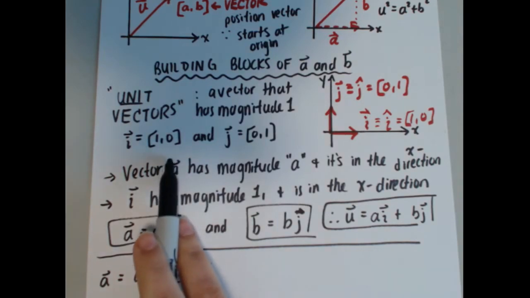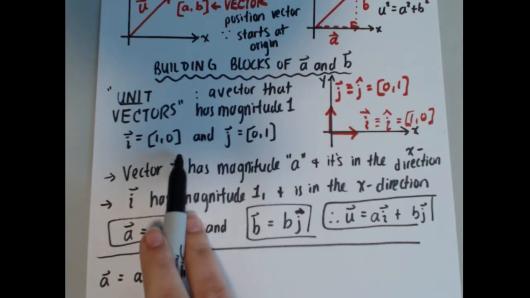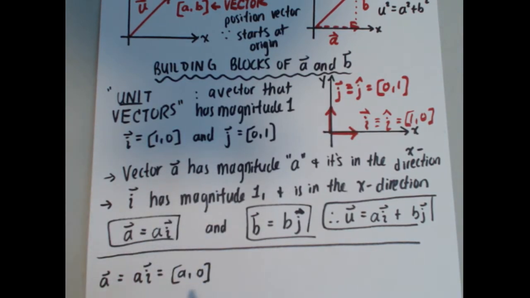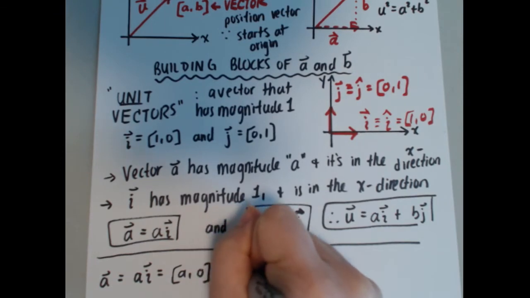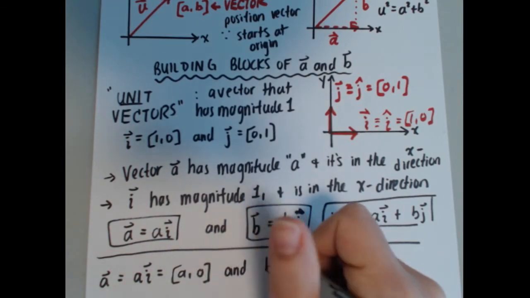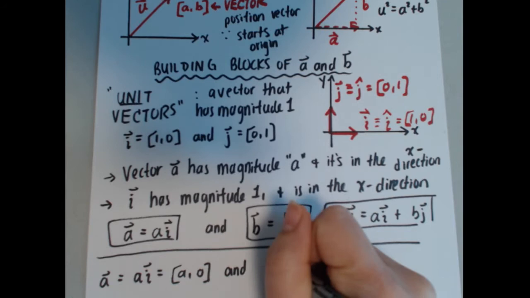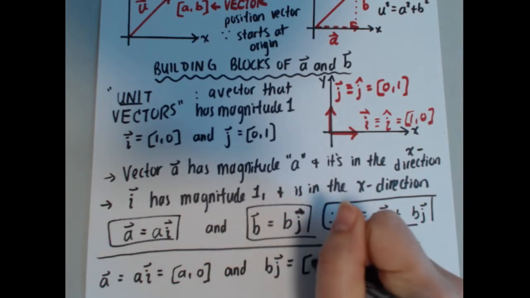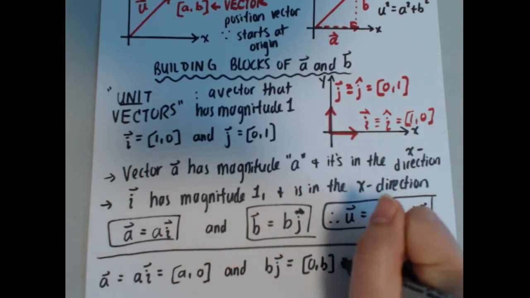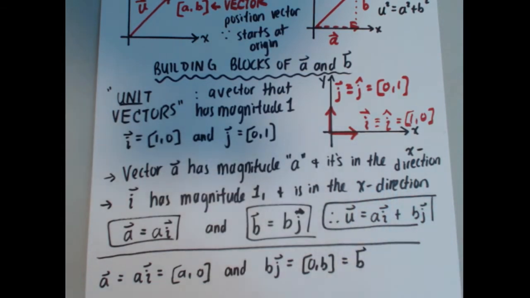If I have the vector (1, 0) as I, and I multiply that by A, I now have (A, 0), which means my vector has length A in the x direction and length 0 in the y direction. And I can say that Bj is equal to (0, B). And this is the same thing as vector B.